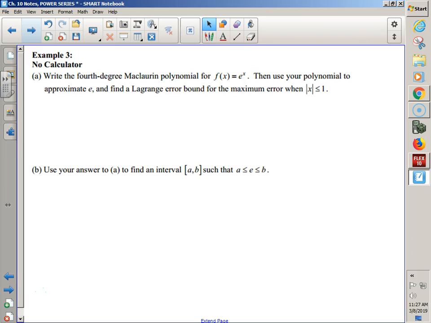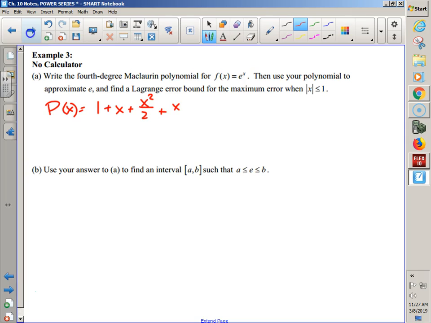What is the e one? It's 1 plus x. Factorials or no factorials? Factorials. Wait a minute, why did it show 5 terms?